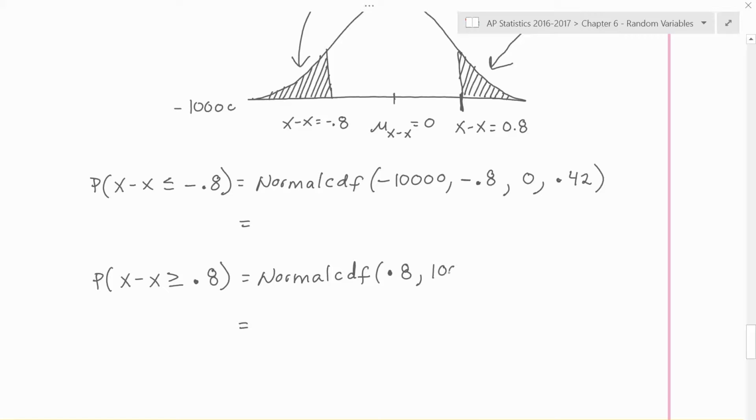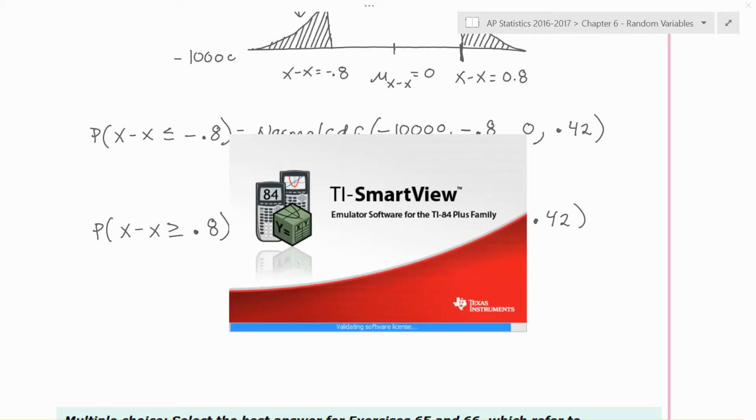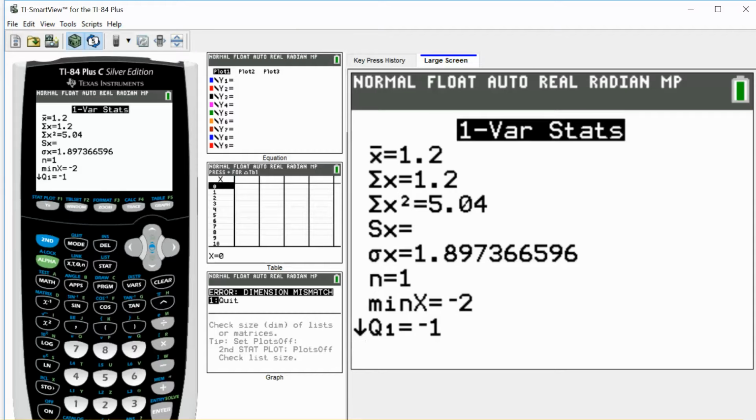My upper bound is going to be 10,000 to approximate positive infinity. Mean is 0, standard deviation 0.42. So the sum of these two probabilities should give me the overall probability that the observed difference is as large as 0.8 or larger in either direction, negative 0.8 or positive 0.8. So let's go ahead and do that.